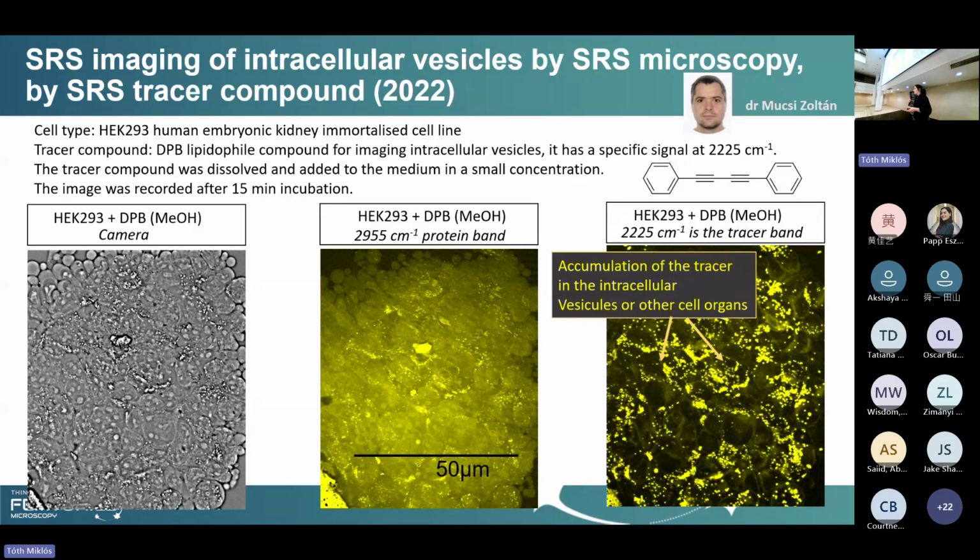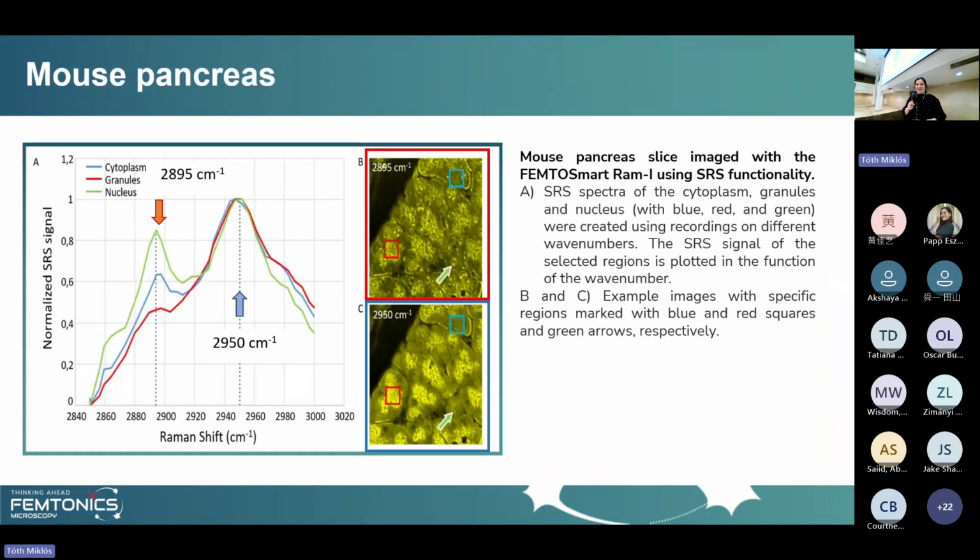Why is this important and interesting? Because tracer compounds added to tissues can help to understand how drug delivery works. I forgot to mention that this experiment was done in the cell-silent region, and the first one was in the fingerprint region, sorry.